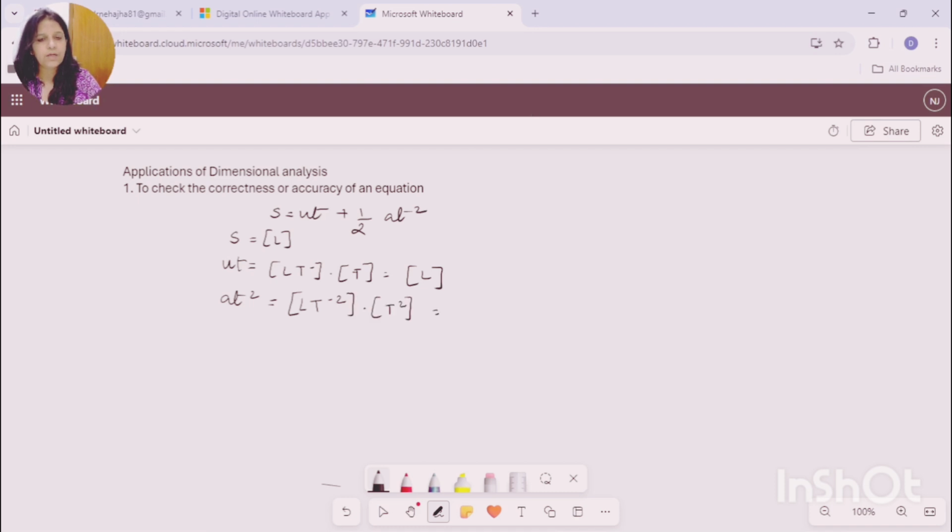So T2 will get cancelled and you will get L. So as the terms on the left hand side and right hand side are equal, this equation is dimensionally correct.